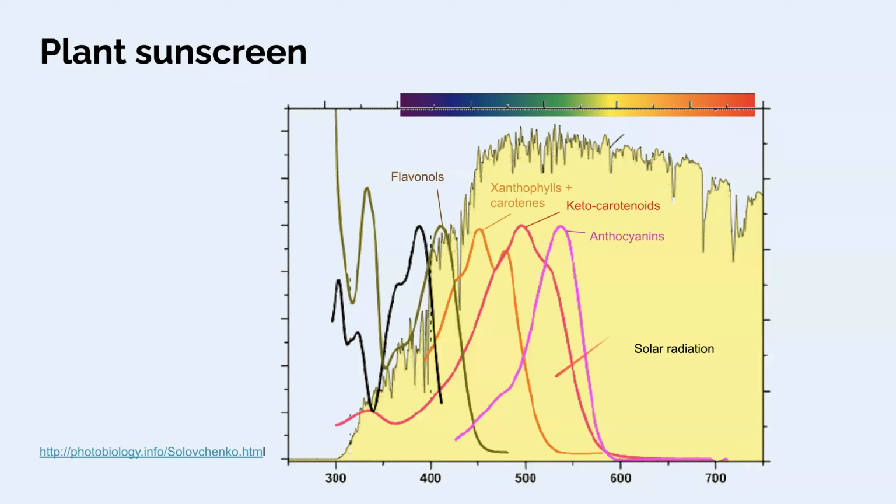So buried in there is the absorption of chlorophyll, which is doing photosynthesis. But on top of the chlorophyll are these other molecules, just kind of generalizing here: anthocyanins, carotenoids, and so on. Flavanols and anthocyanins are kind of a similar category. And they're covering an important part of the spectrum.